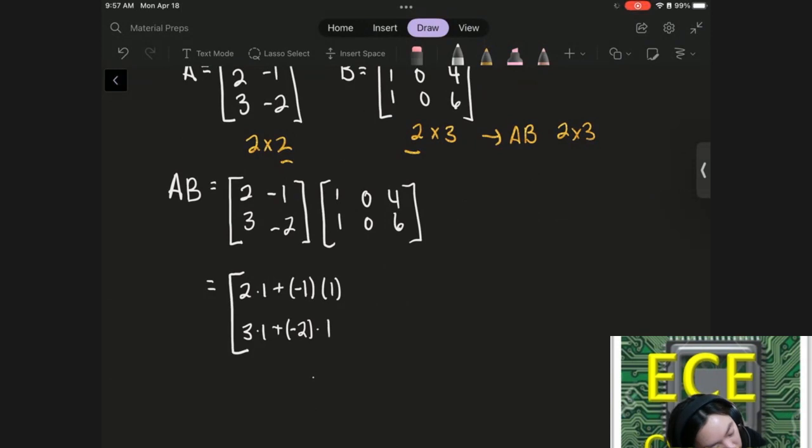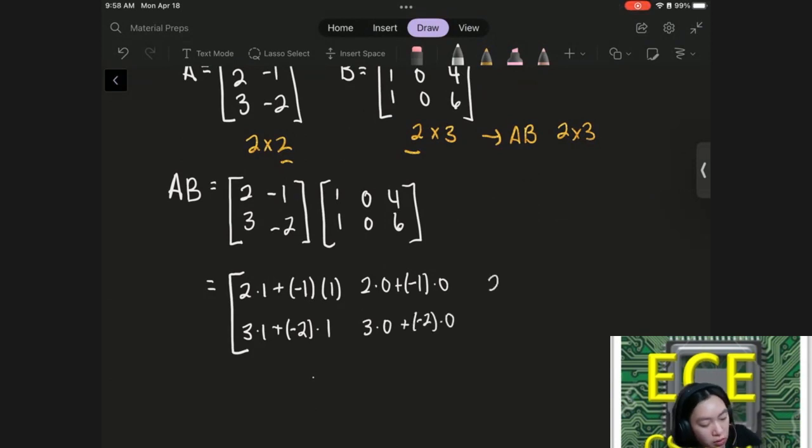Again, keep repeating. This is 2 times 0 plus minus 1 times 0. 3 times 0 plus minus 2 times 0.